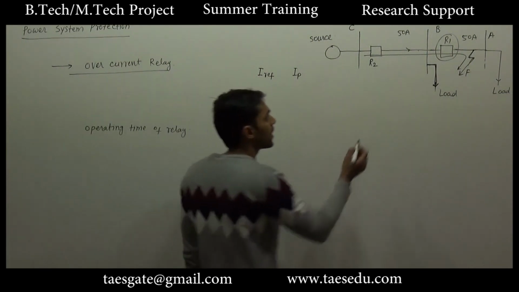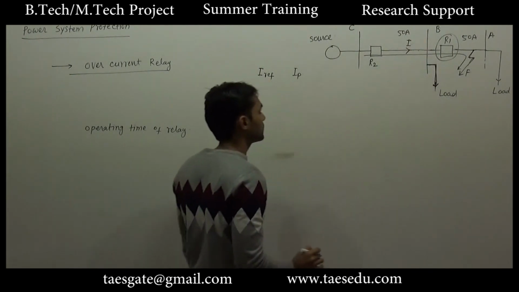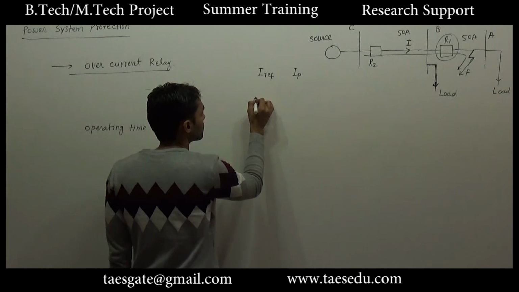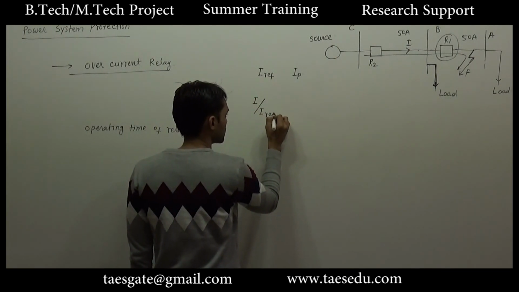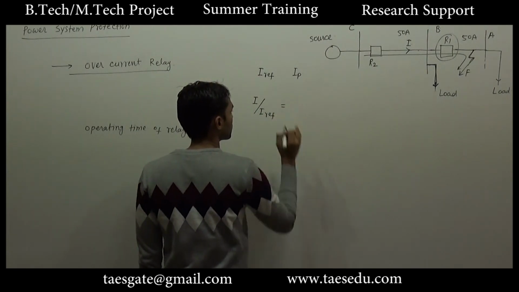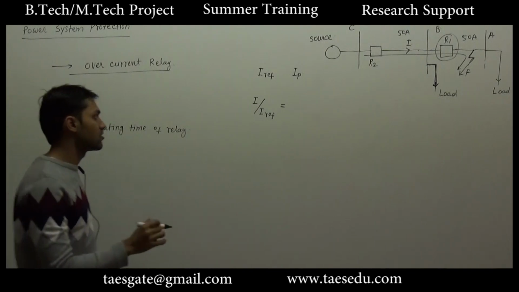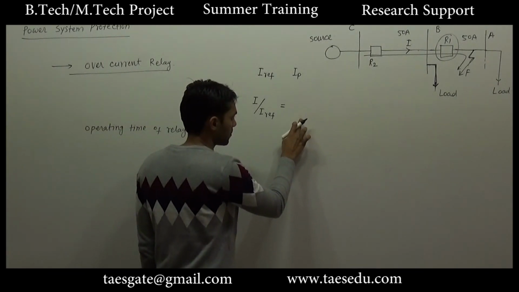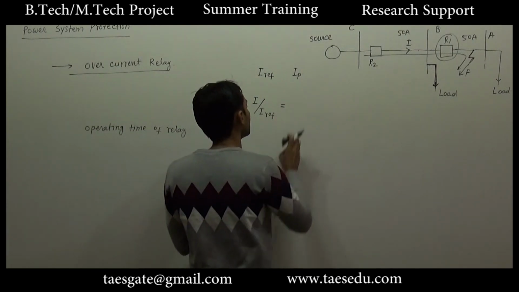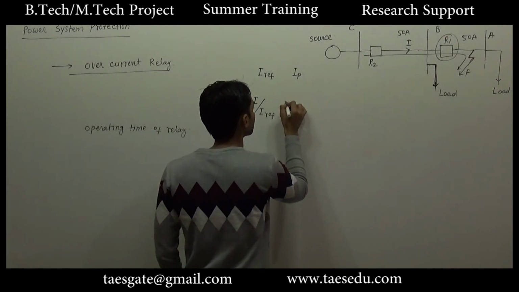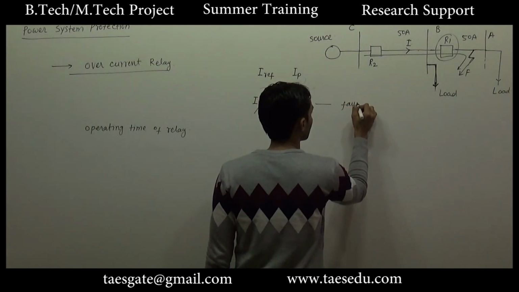So let's say current I is flowing here. Okay, the ratio I by I pickup or I reference, this ratio will give an idea about how much current is flowing in the line. If this ratio is greater than 1, this will correspond to a fault current.